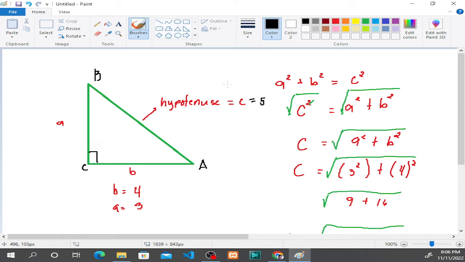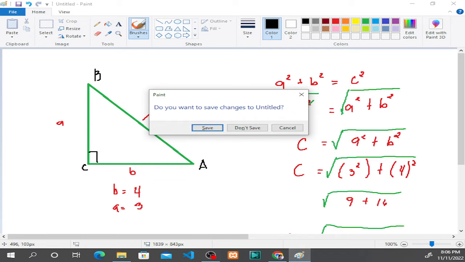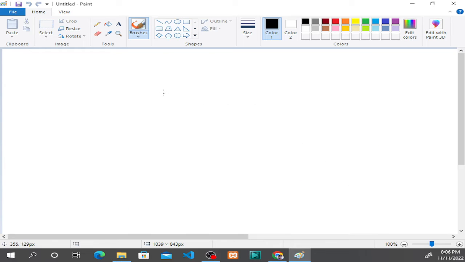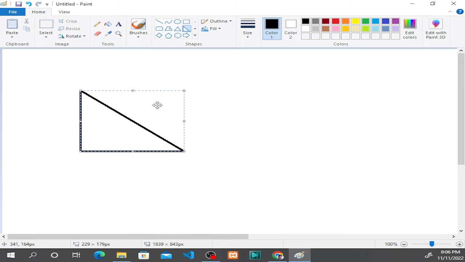So we're going to use the same triangle again to find the other leg. Consider that one leg is missing. So, another triangle.